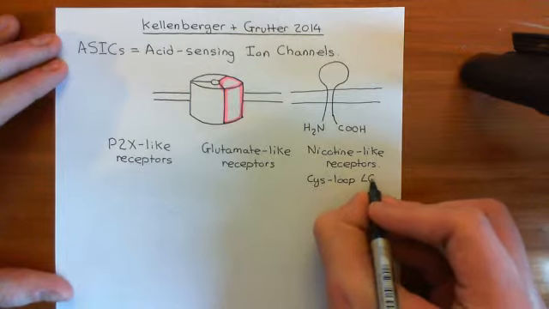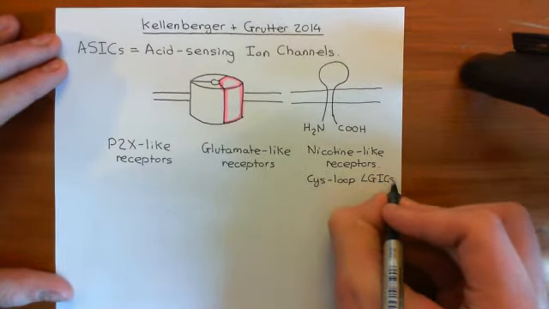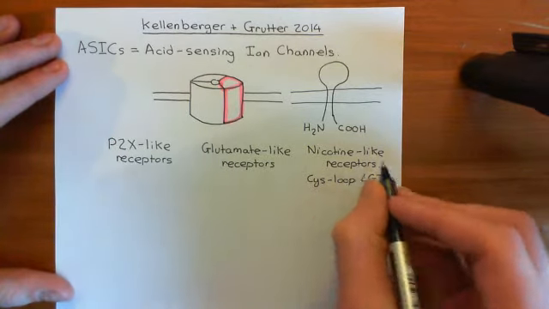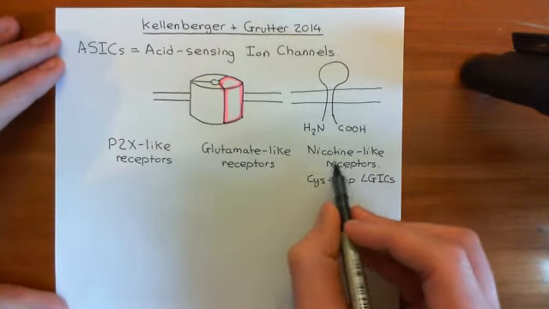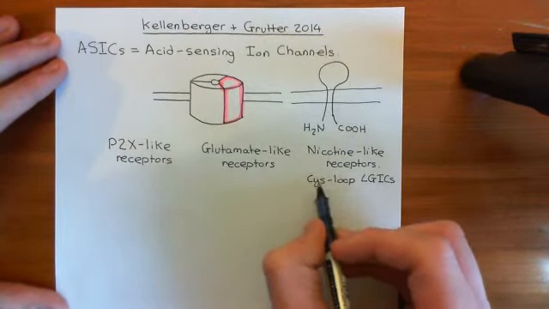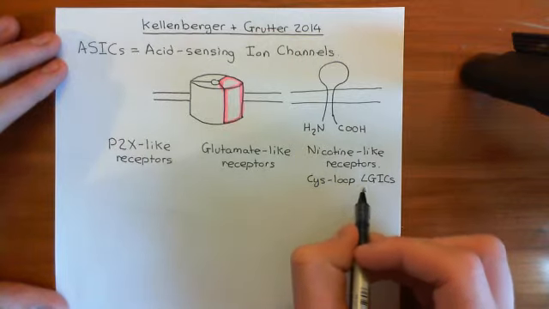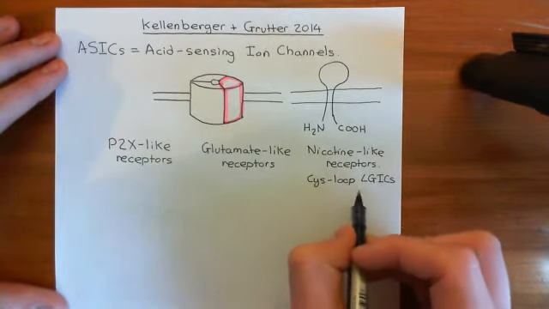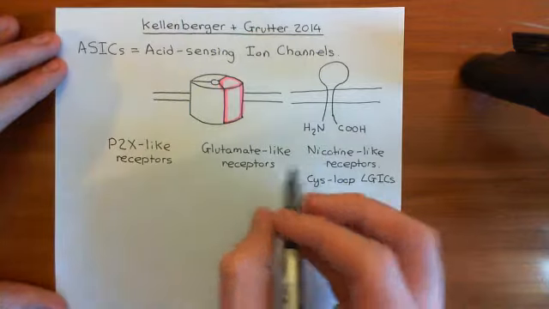This family is by far the most studied family of ligand-gated ion channels. It contains the nicotinic acetylcholine receptor family, the GABA-A receptors, the glycine receptors, the 5-HT3 receptors, etc.